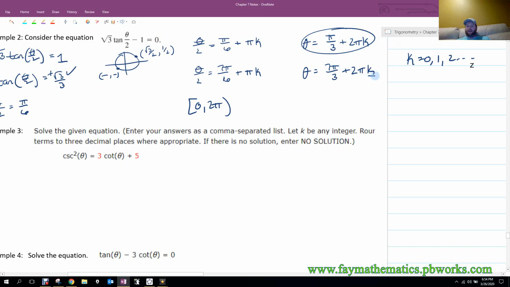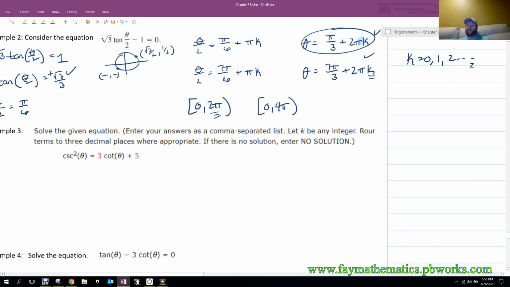But if k is 0 here, that gives me 7 pi over 3, and that is already beyond that right there. If they would have asked me to find an answer between 0 and 4 pi, then I would say, okay, well, that one's going to check because it's between 0 and 4 pi. But now if I look at this one, when k is 0, well, that works. So that would be a solution between 0 and 4 pi.